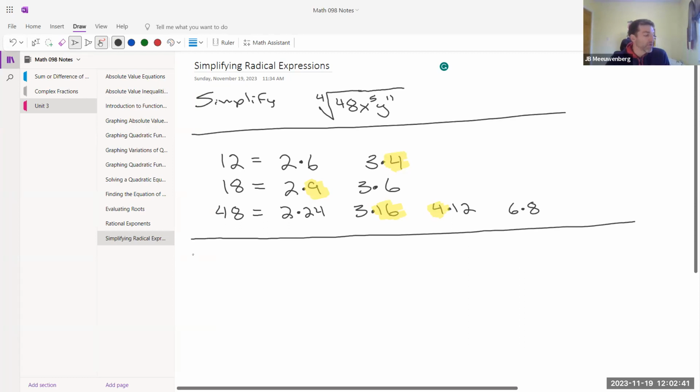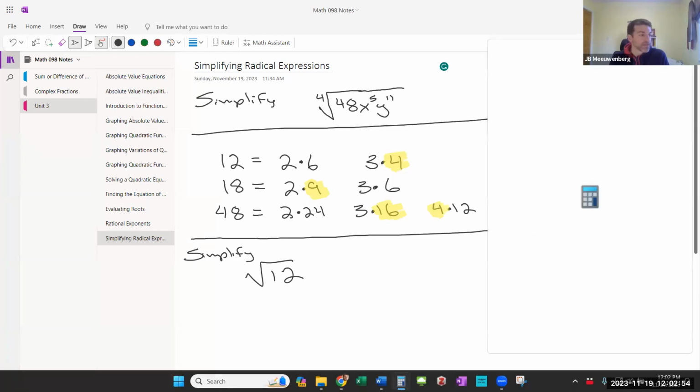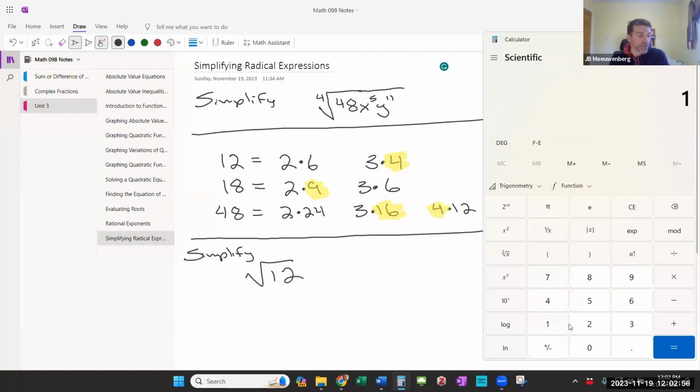What we're going to do now is simplify the square root of 12. Now, if you take your calculator and try to evaluate the square root of 12, you're going to get 3.464101615313775, etc. You'll notice that this decimal number is never ending and never repeating.